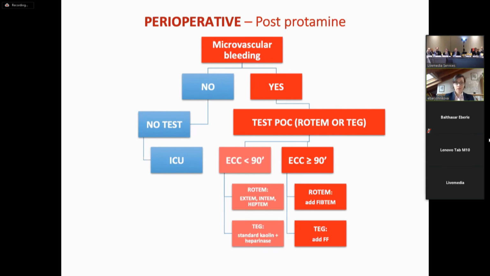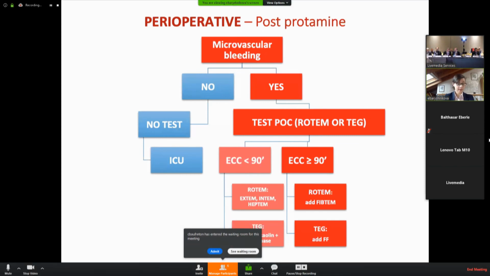And you can find a number of different protocols and algorithms in the literature, and in my opinion it is absolutely correct that this is happening, because every institution should set its own protocol based both on the evidence available in the literature for numbers and procedures, and on the availability of different point of care devices, of drugs like fibrinogen, like PCCs, and so on. And last but not least, cost and ease of getting blood products.